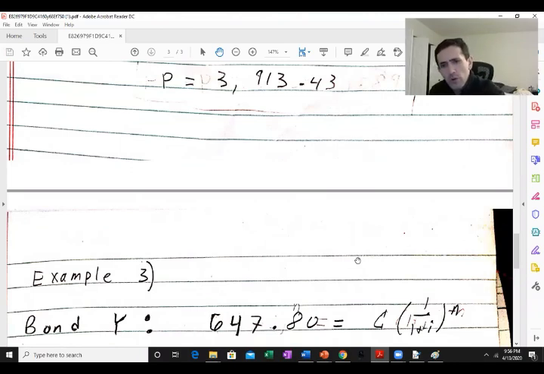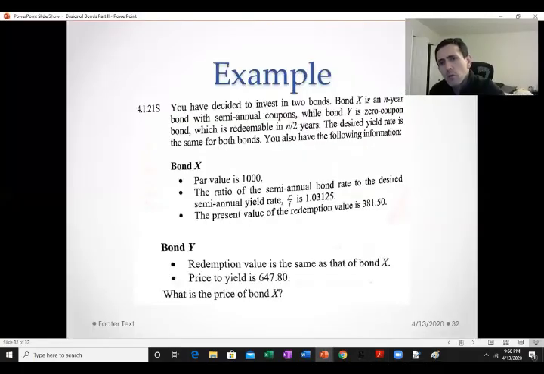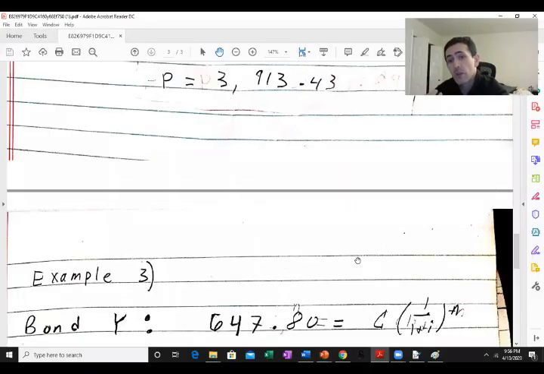So bond Y is a zero coupon bond. The price is $647.80, and it has the same redemption value as that of bond X. Let's say C is the redemption value for bond X, and it's also the redemption value for bond Y. So what's going on is bond Y, remember, pays no coupons.